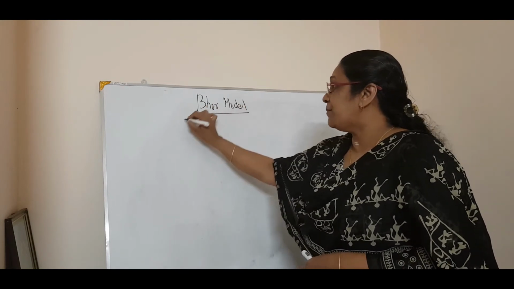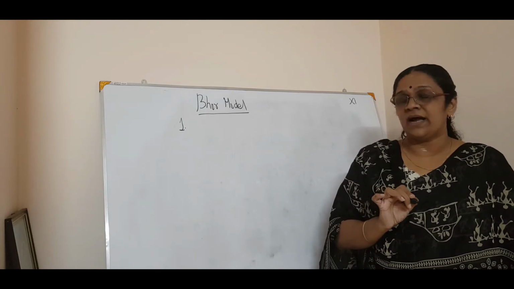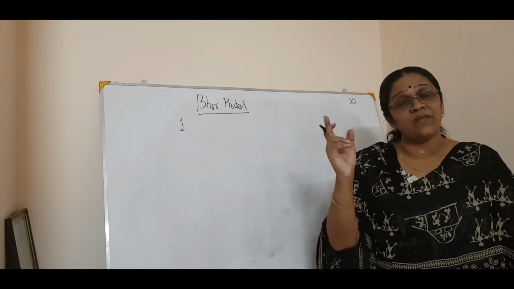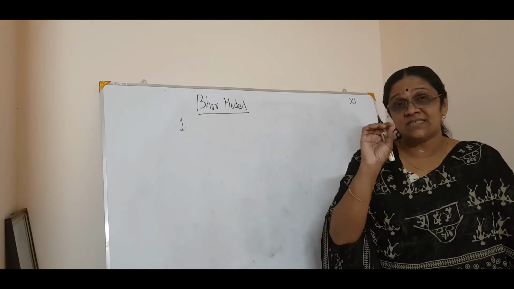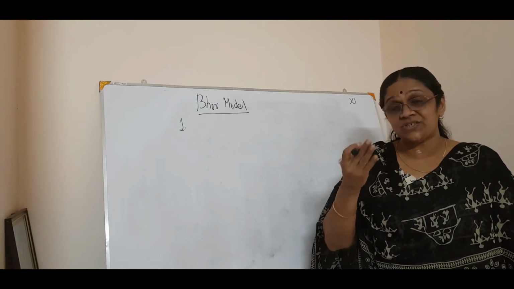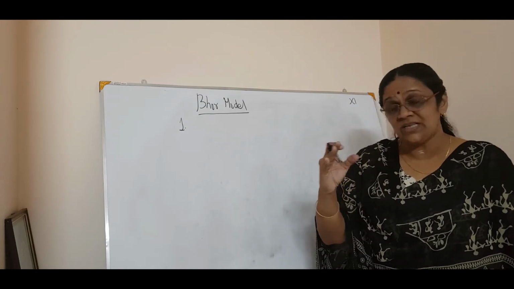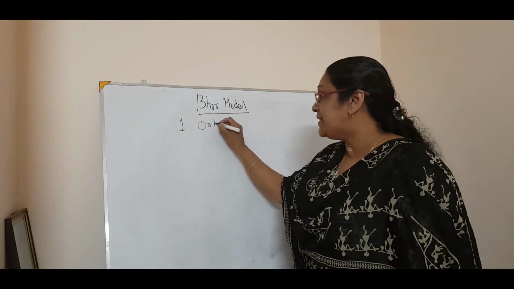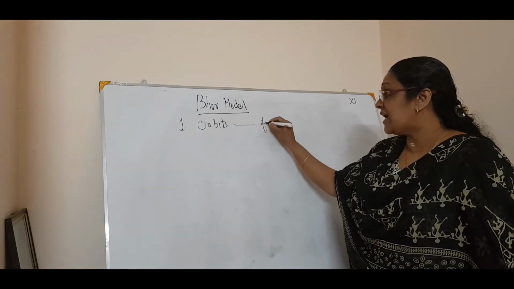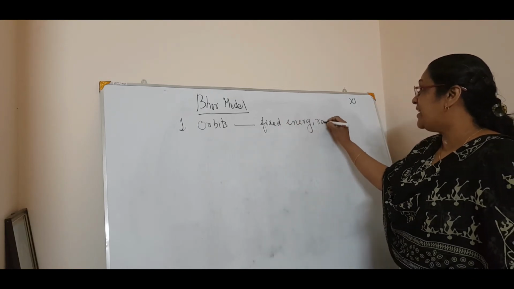Now the first postulate of the Bohr model, as you all know, is that the electrons are revolving round the nucleus in a circular path, isn't it? He called them stationary energy levels, and he called them orbits. Those orbits have fixed energy and fixed radius.